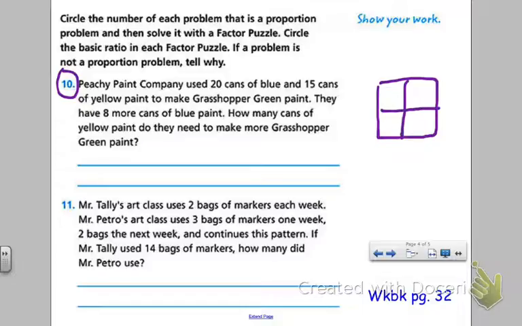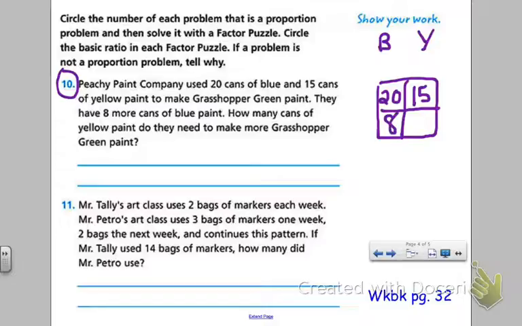I'm going to use labels. We have blue to yellow, and we have 20 cans of blue, 15 cans of yellow, and now we've got 8 more cans of blue lying around, and we have to figure out how much yellow paint that is.